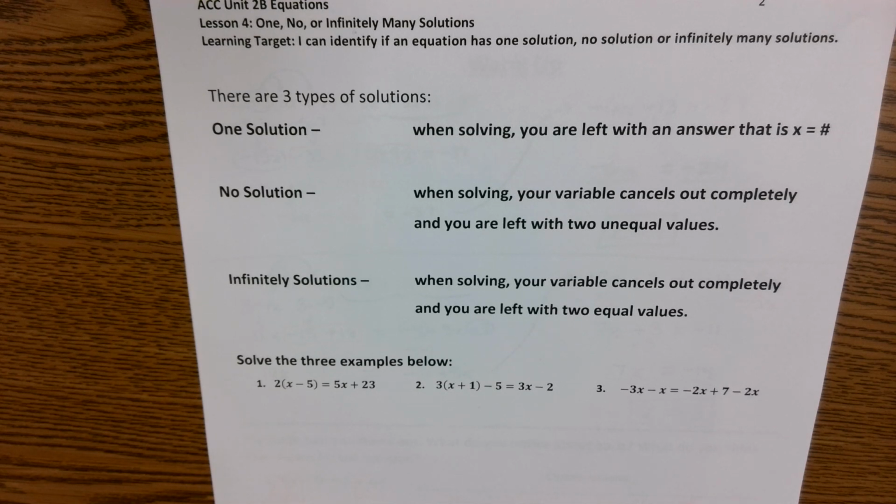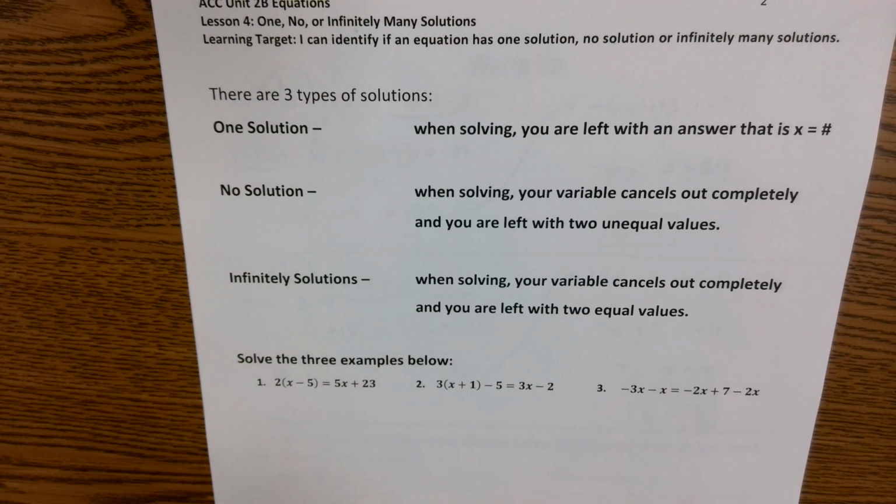It's eliminated, and you're left with 2 very unequal values, so a false statement. Infinite solutions: your variable cancels out, and you are left with a balanced equation, 2 sides that are equal to each other. So that's going to be infinitely many solutions.